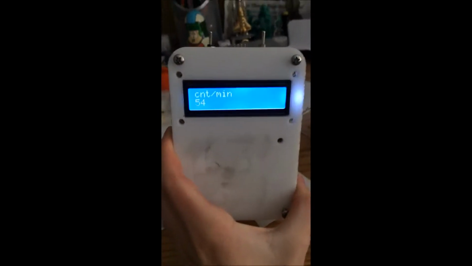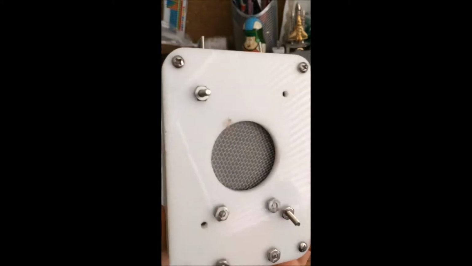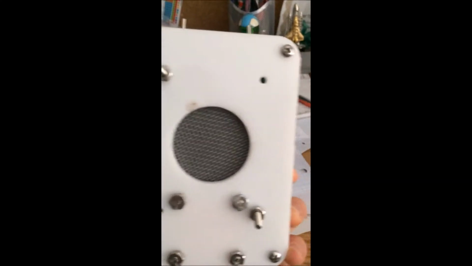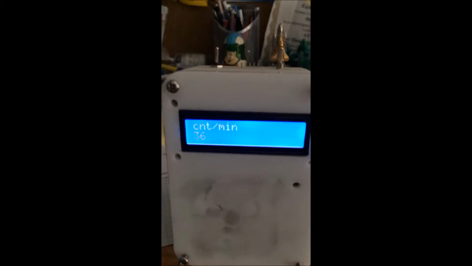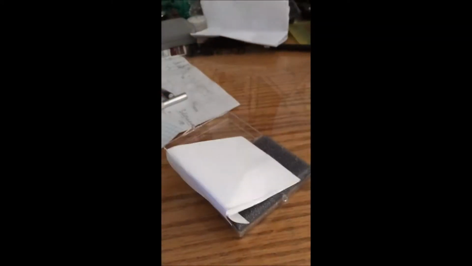If I cover it with a piece of paper, and here's my Geiger counter, it has about a 1.5 inch diameter mica-windowed Geiger tube on the back, so it's sensitive to alpha. Background is between 50 and 75 counts or so right now. With paper over it, we should only get the gamma. There's a 56 keV photopeak from americium-241, which is what most of those are. So we're getting around 3,000 counts per minute just from the gamma.